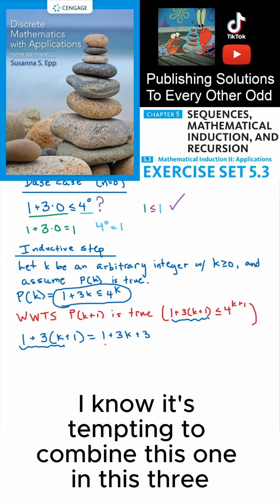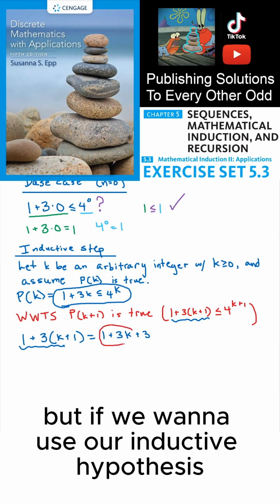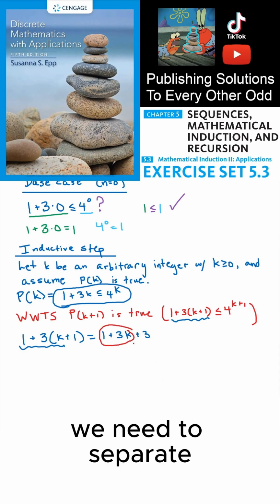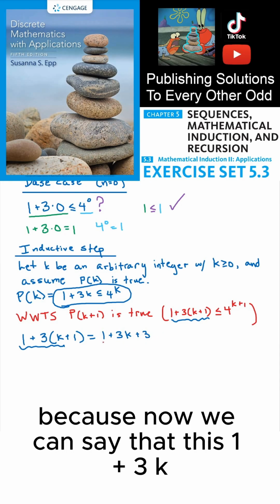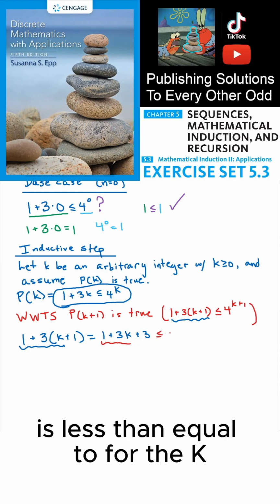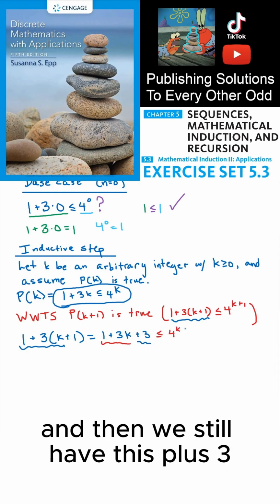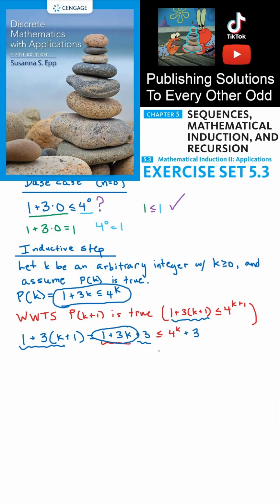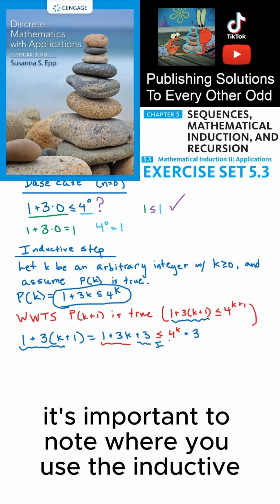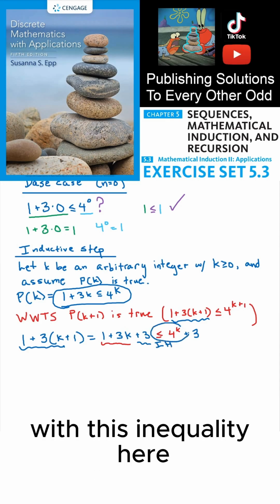Now, I know it's tempting to combine this 1 and this 3, but if we want to use our inductive hypothesis, we need to separate this 1 plus 3k over here, because now we can say that this 1 plus 3k is less than or equal to 4 to the k, and then we still have this plus 3. So I'm just making this portion right here bigger using the inductive hypothesis. It's important to note where you use the inductive hypothesis, and that's specifically with this inequality here.